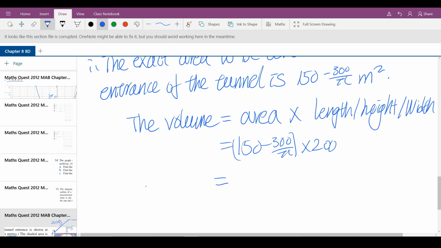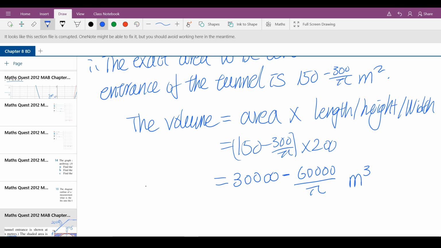So that will give us 300, yeah, 300 minus 60,000 over pi, and this time it will be meter cube. So that is the volume.